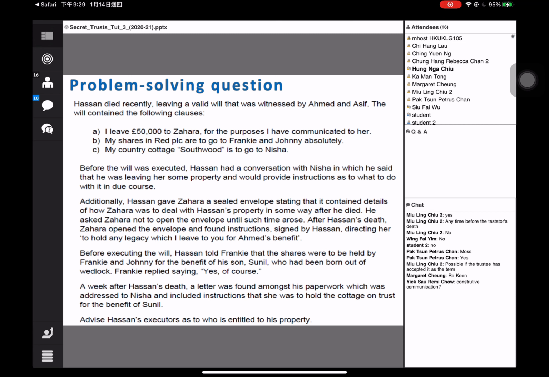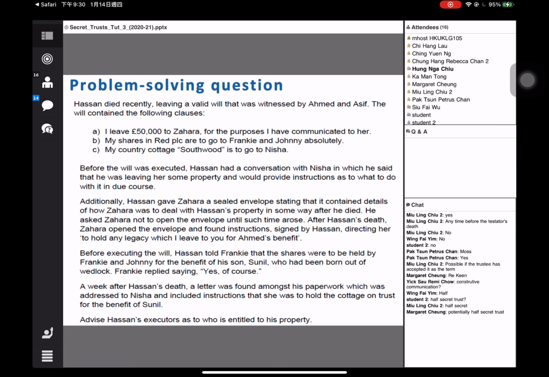What type of trust is this, first of all? What type of secret trust is this? What type of secret trust is it? Yes, it's a half-secret trust. Half-secret trust it seems.